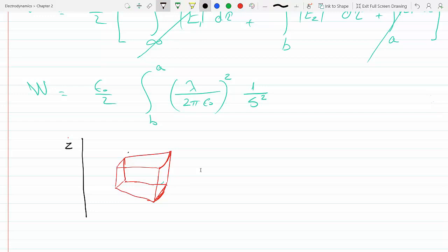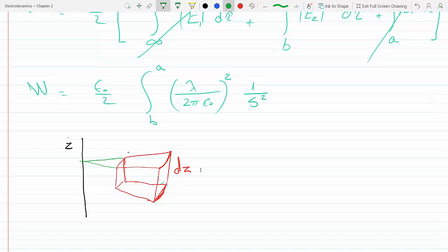Okay, so what's the volume of this piece? Well, you're going dz in the height. The angle here would be d theta, right? Or d phi.